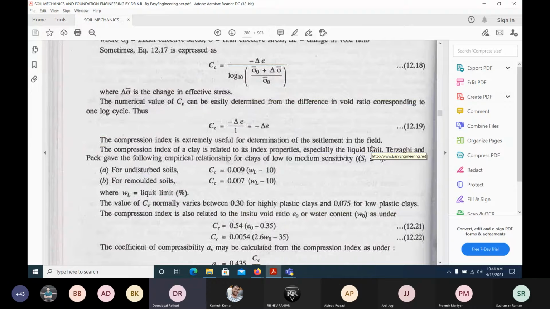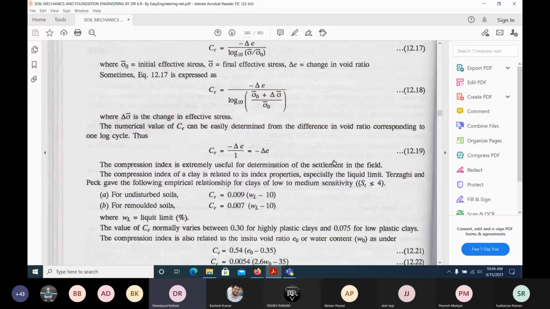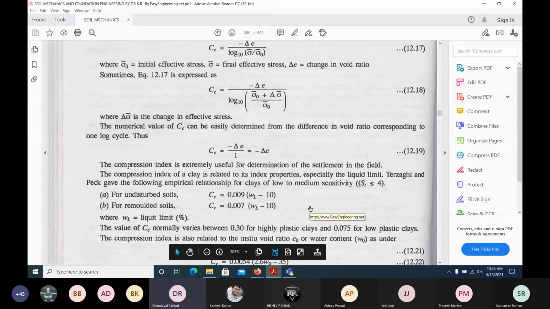So once you know the liquid limit, can we find out Cc, the compression index? Yes, we can. Terzaghi and Peck gave the following empirical relations for a clay of low to medium sensitivity.